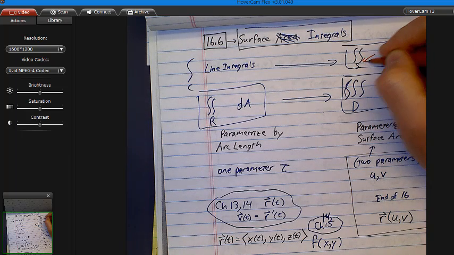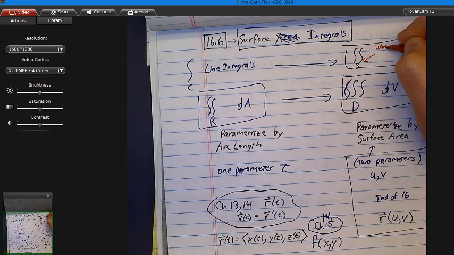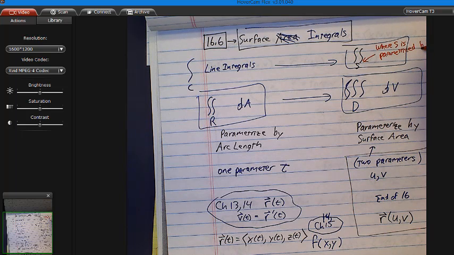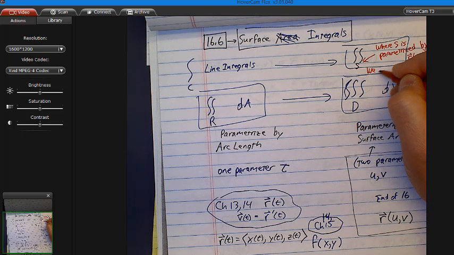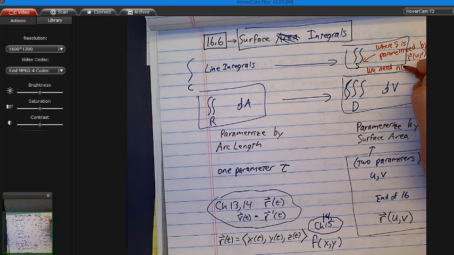And this is where S is parametrized by some function, r of u v, and then we need the normal vector of u v, which you get by cross product and absolute value.